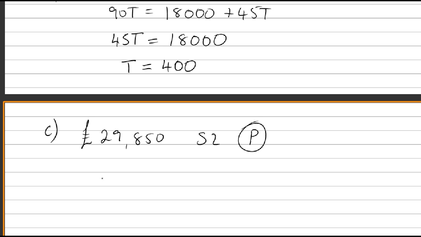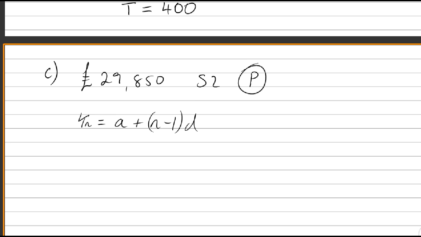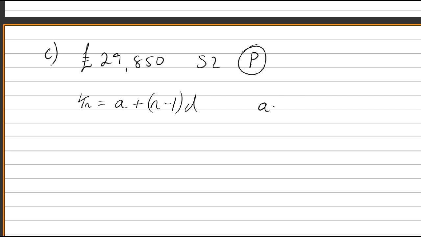Well, we're going to use the arithmetic sequence nth term here, T of n equals a plus n minus 1 lots of d. And in scheme 2, a was equal to p plus 1,800, and d was equal to t.